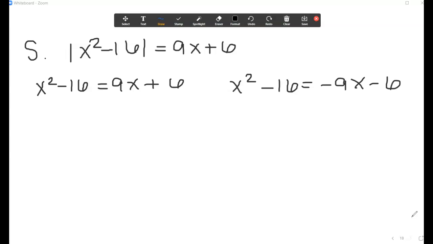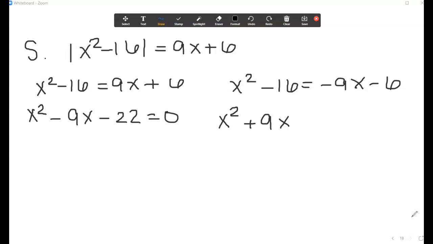When you made the other side negative, did you make both parts negative? Yeah, so that negative technically distributes to both the 9 and the 6. That would give you x squared minus 9x minus 22 equals 0. And over here, x squared plus 9x plus 6, which could give you negative 10, equals 0.